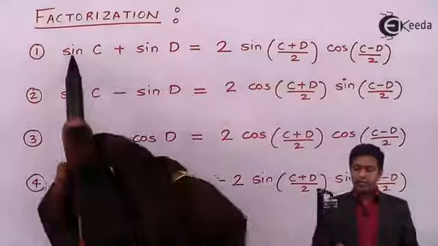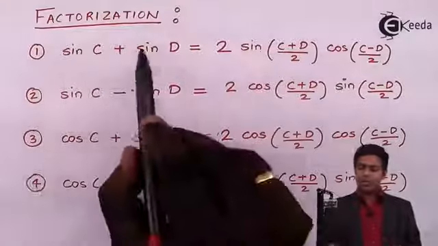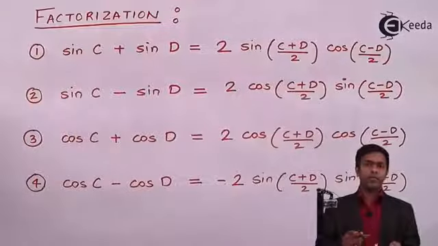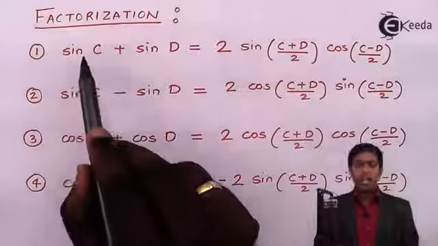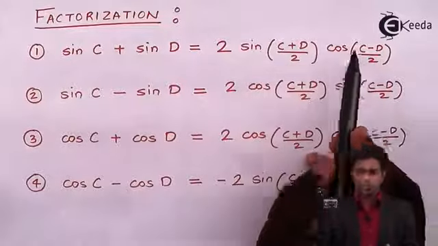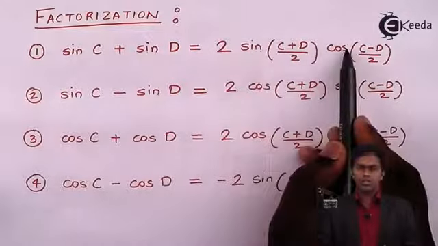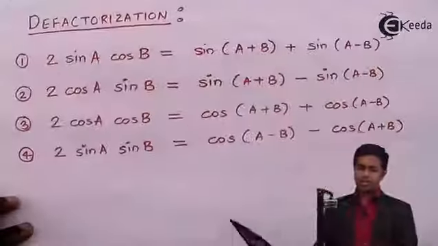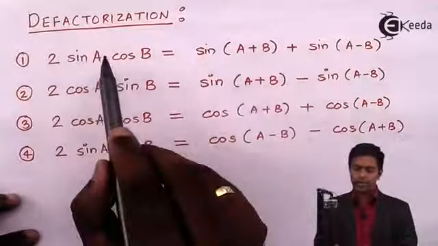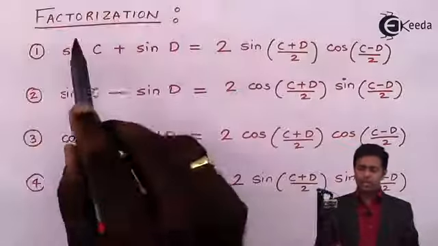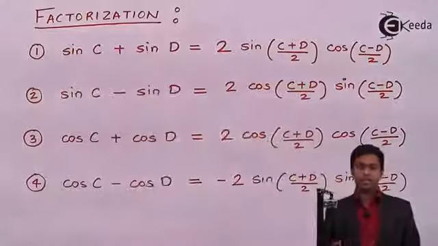Now guys, if you remember this statement, that sin plus sin equal to 2 sin into cos, then you will find the same pattern in the defactorization formula. As we are saying sin plus sin is 2 sin into cos, we can also say that 2 sin into cos is sin plus sin. And if you see here, it is exactly the same. So the pattern of these trigonometric functions will remain same.